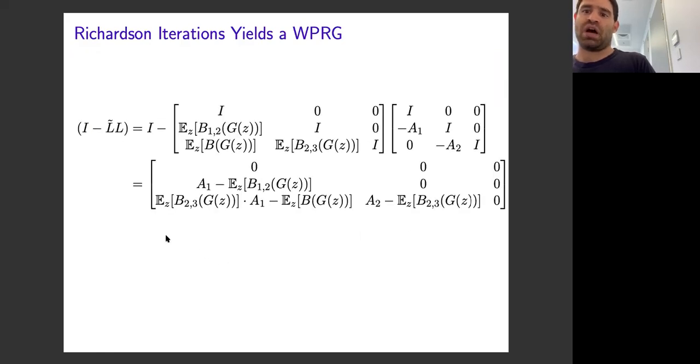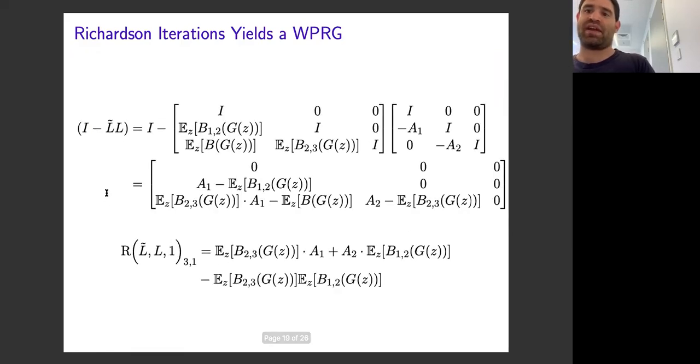And now if you compute things, there is a direct computation here, but let me just focus on what comes out in the leftmost bottom block of this matrix, which is what interests us. This is what is supposed to approximate the true transition probability. So this looks like this.